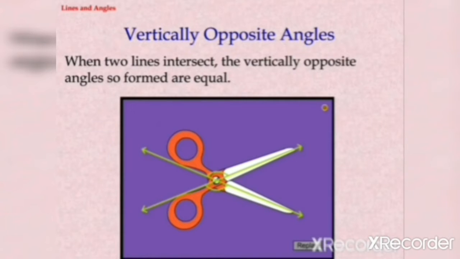After learning about line, line segment, angles, adjacent angles, linear pair, complementary angles, supplementary angles and vertically opposite angles, let's solve exercise 5.1.